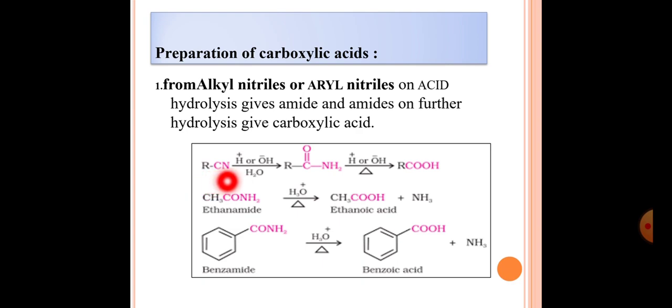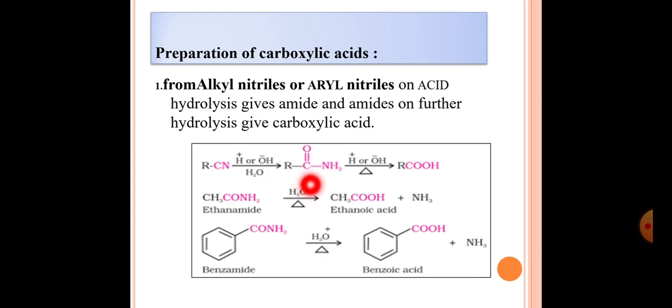So the first example is for alkyl nitrile. Alkyl nitrile RCN on acid hydrolysis gives amide, C double bond O NH2. You can see the color change, the pink color, that is nothing but the functional group for amide. So RCN on acid hydrolysis gives you the formation of amide.